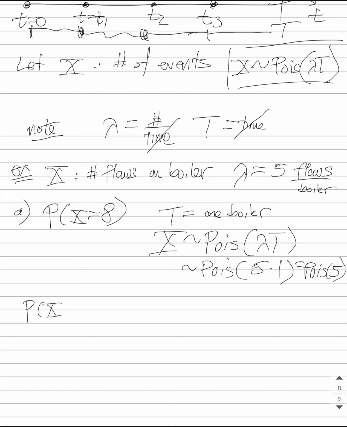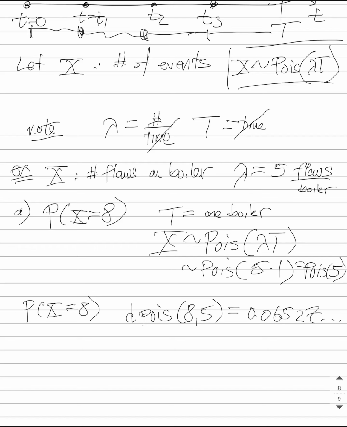In this particular case, if you wanted to calculate this, you could use dpois in R. You'll use this command, dpois(8, 5), and what you're going to get is 0.06527 with some change.